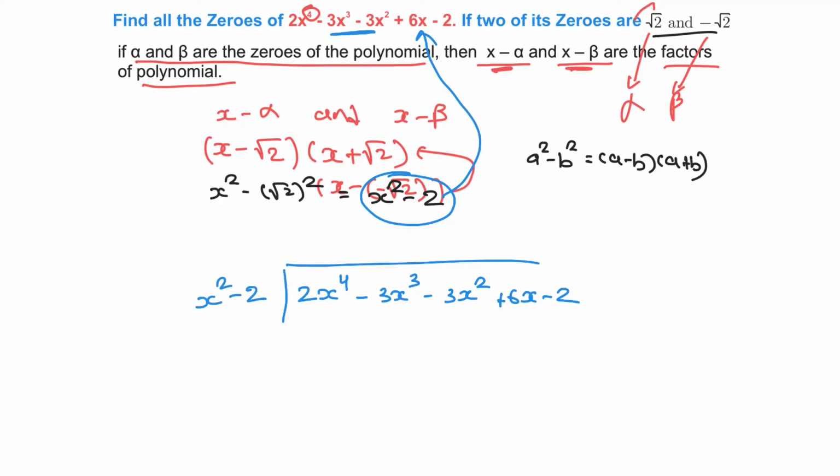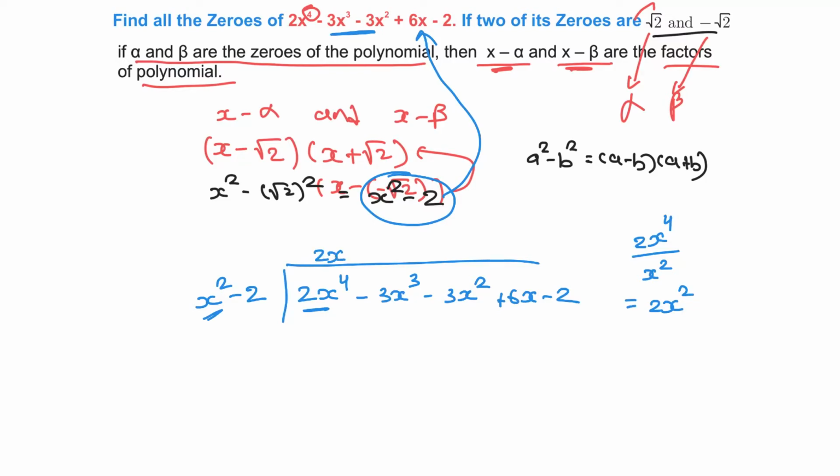Now we know how to divide the polynomial. For that, divide the first term of the dividend, that is 2x raised to 4, by the first term of the divisor, that is x square. We get 2x square. This is the first term of the quotient.